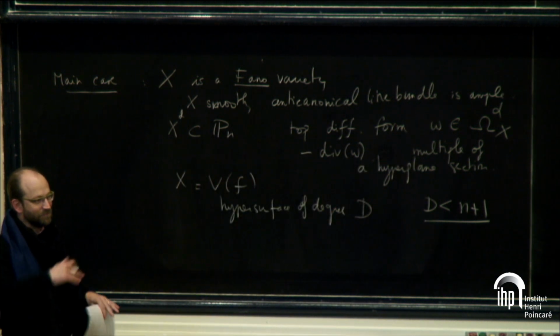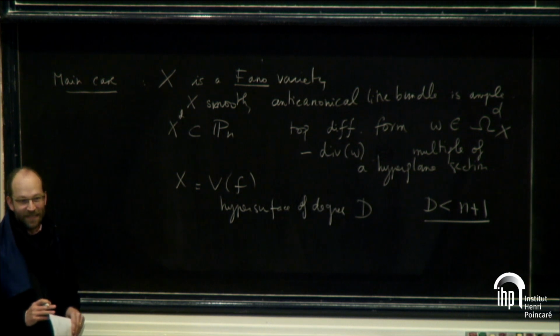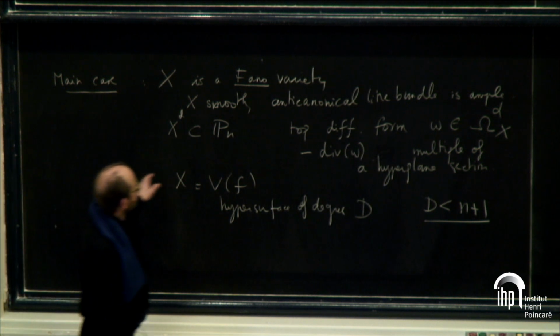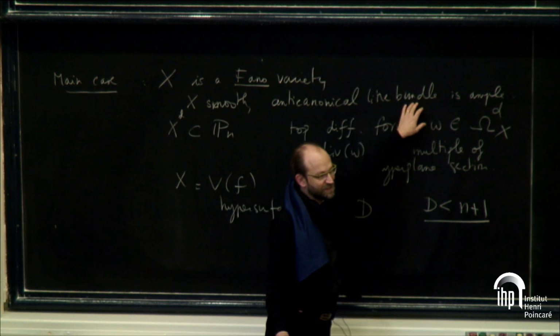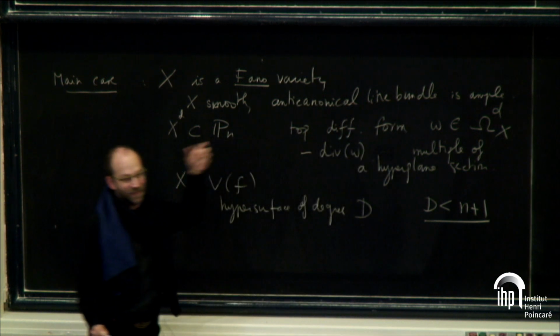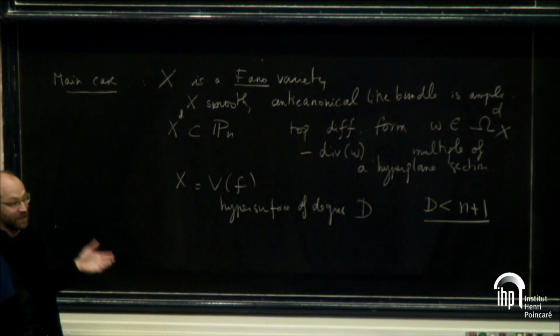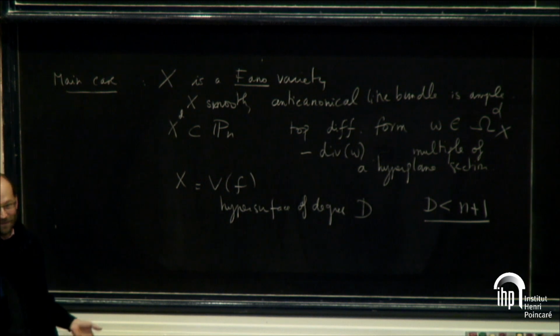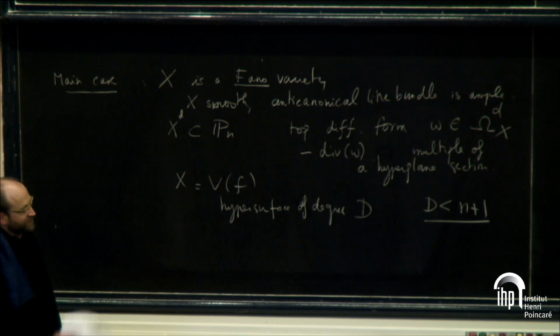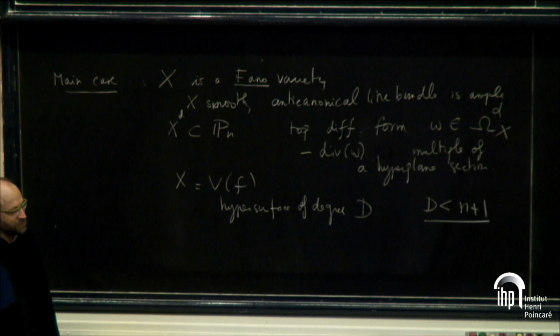In fact, it can be something in the middle, but let's forget about that. When the anti-canonical line bundle is positive, this is the case of Fano varieties, where people expect that the variety will have many rational points. The difficulties will be quoted in a few minutes.